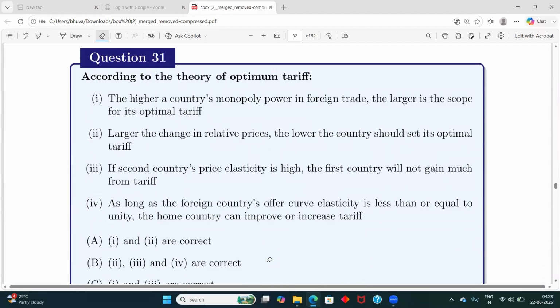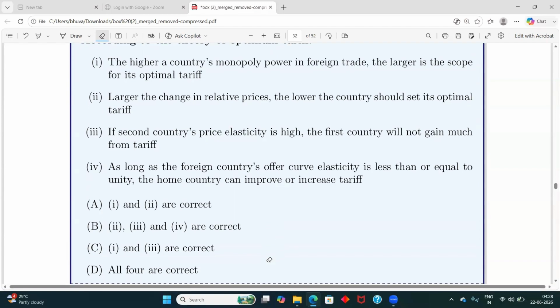Statement 3, if the second country's price elasticity is high, the first country will not gain much from tariff. Statement 4, as long as the foreign country's offer curve elasticity is less than or equal to unity, the home country can increase its tariff.